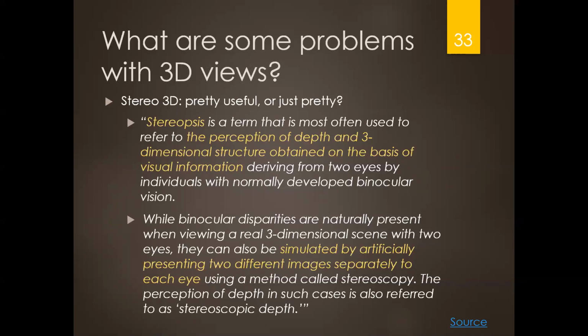It is a term that is most often used to refer to the perception of depth and three-dimensional structure obtained on the basis of visual information. In general, stereopsis is trying to simulate our binocular system. Why can we use our eyes to perceive distance and shapes correctly in the real world?